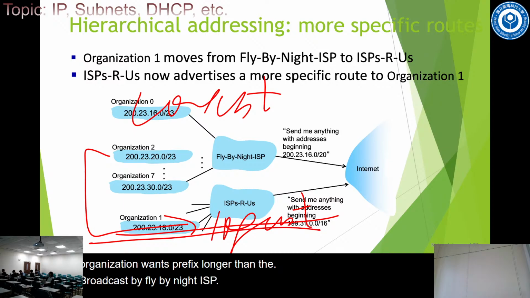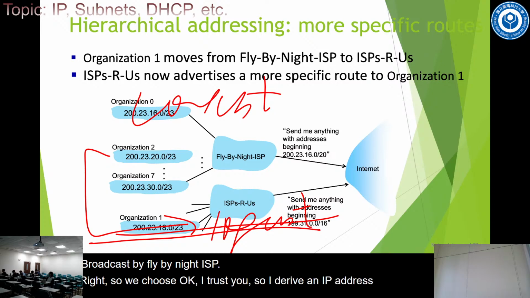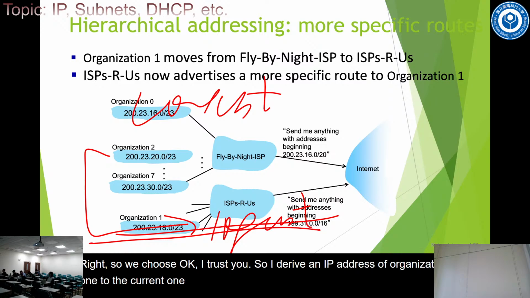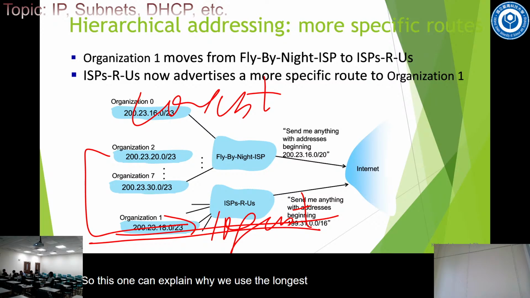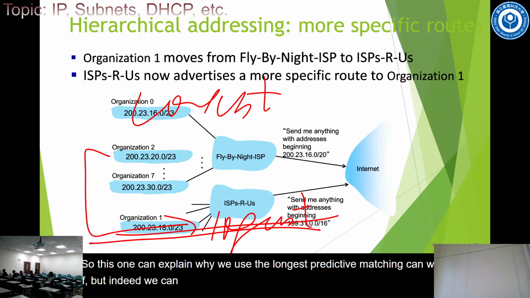So we choose, okay, I trust you, and direct the IP address of organization 1 to ISP-R-Us. Originally organization 1 was in the /20 domain, but now it left with /23. So which is longer, /20 or /23? Of course /23, the more specific one, so it will be sent here and not back to the other ISP. So this explains why longest prefix matching can work if we sell the IP block to another ISP. That's fine.